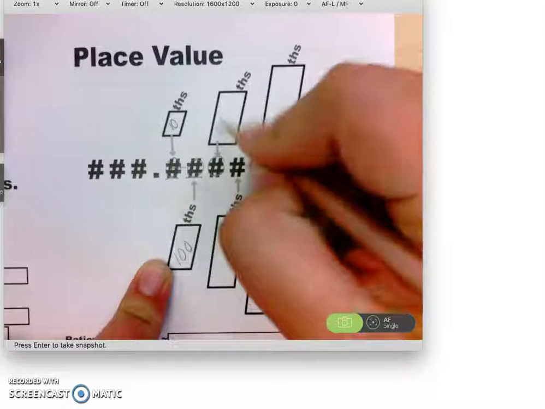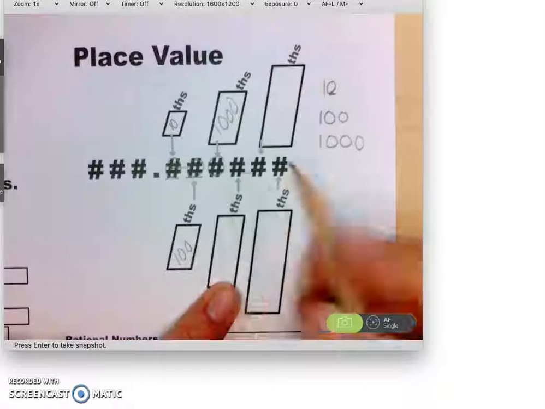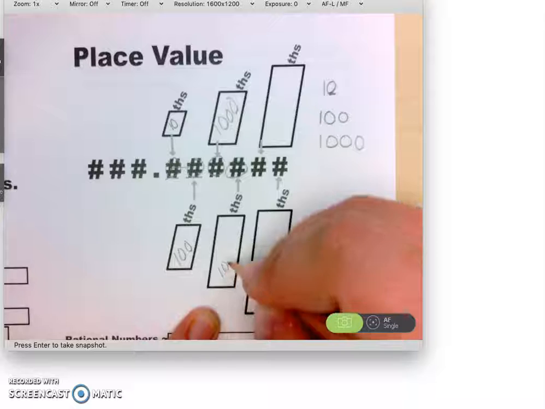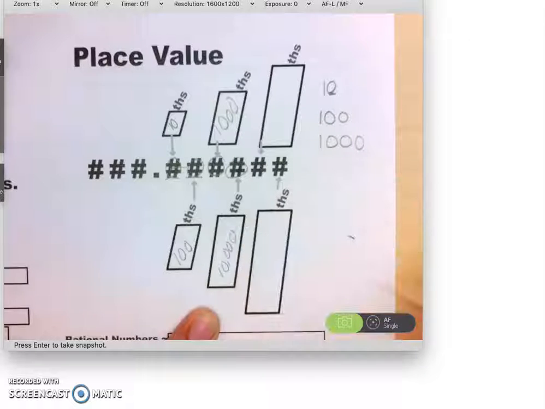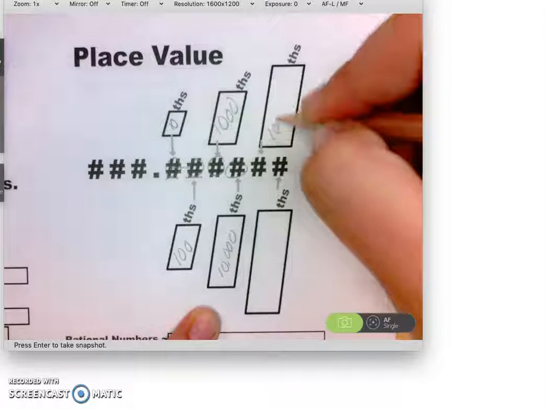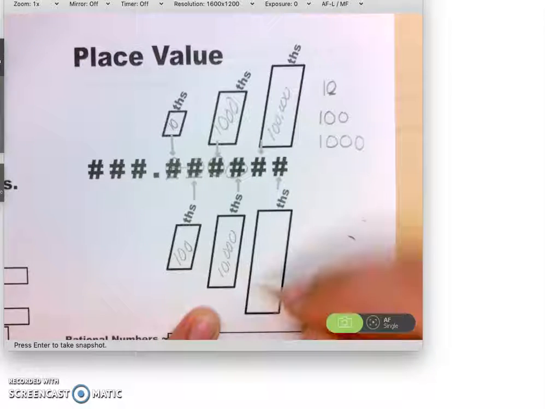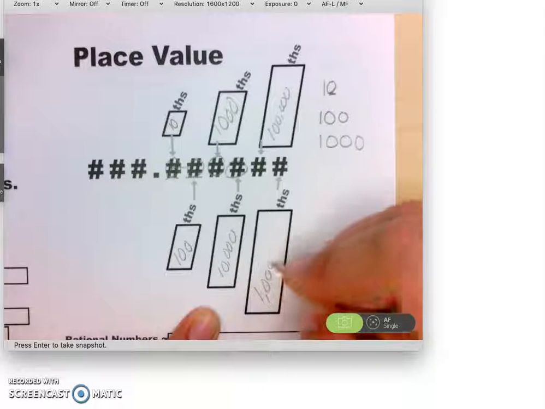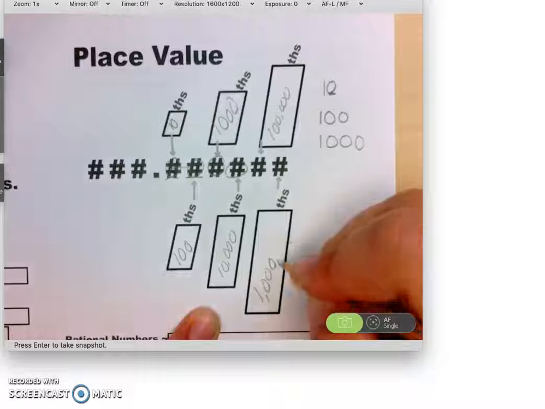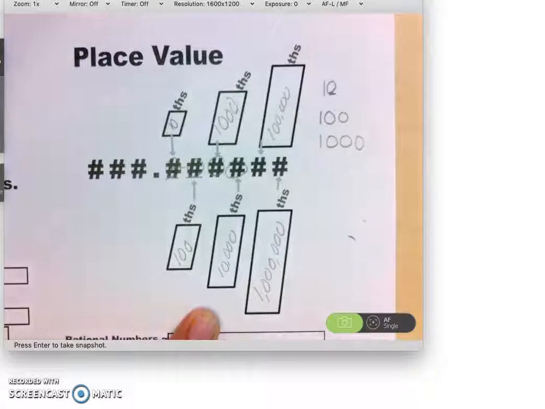The thousandths. 4 zeros, 10 thousandths. 5 zeros, 100 thousandths. And 6 zeros. Okay? That's how I remember it.